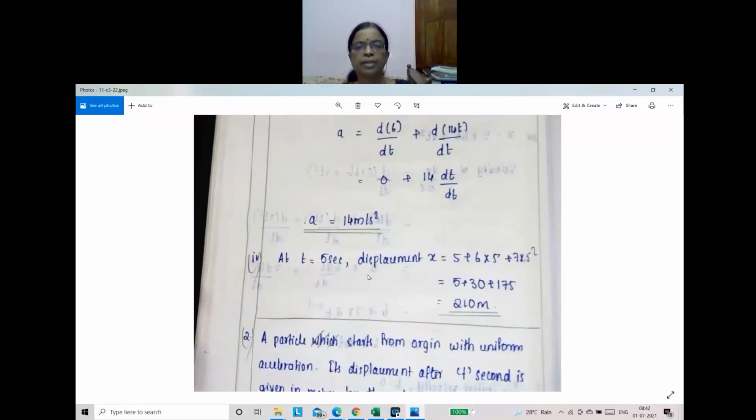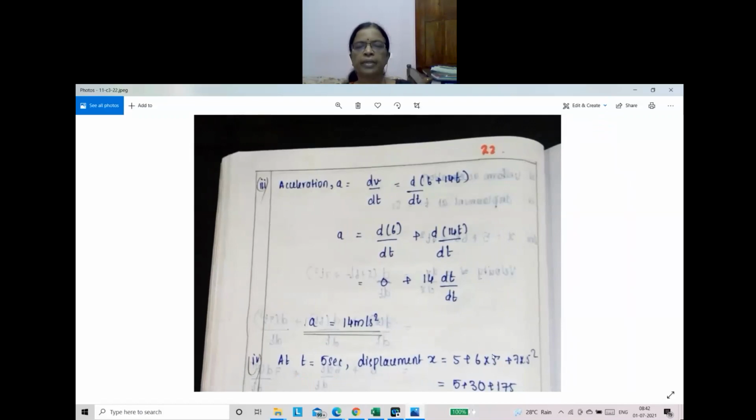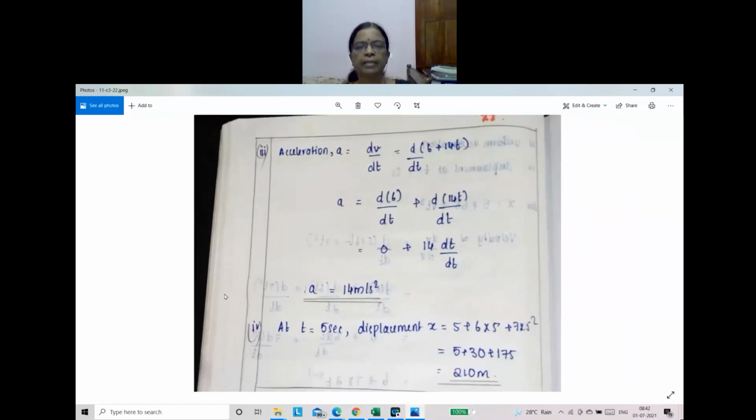Then at t equal to 5 seconds, what is the displacement? That is also asked. So in the displacement equation, put t equal to 5. The displacement equation is the first quantity given. And what is the displacement at t equal to 5 seconds? In the place of t, you have to write 5.